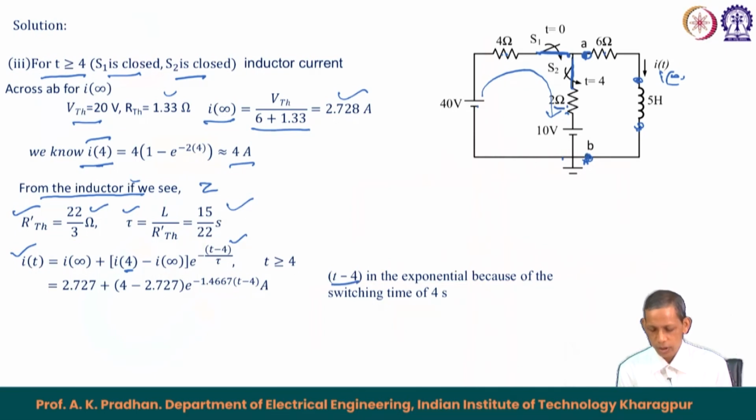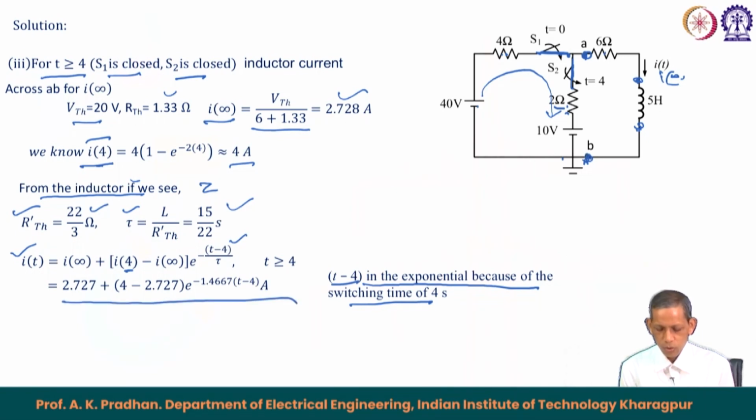So, the expression becomes 2.727 plus (4 minus 2.727) e to the minus 1.4667 (t minus 4) ampere. This is the general expression.